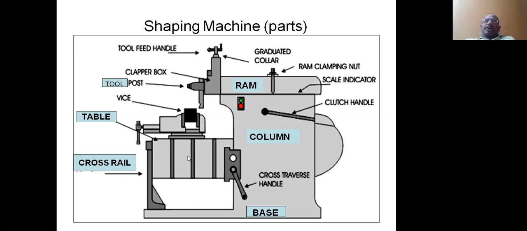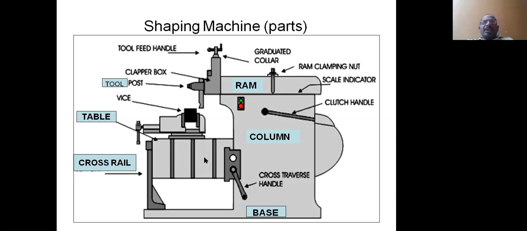The standard working table is provided with only two motions, that means vertical and horizontal. The second one has four, that means vertical, horizontal, and in addition to these two, swiveling and tilting. That means four different types of motion. That is the universal working table, also called the universal shaper.